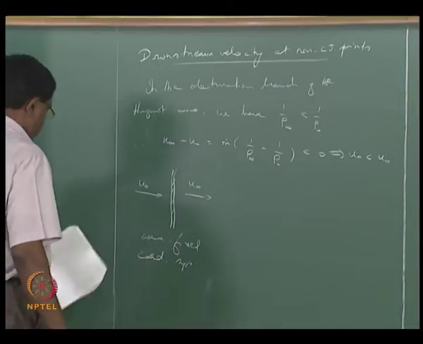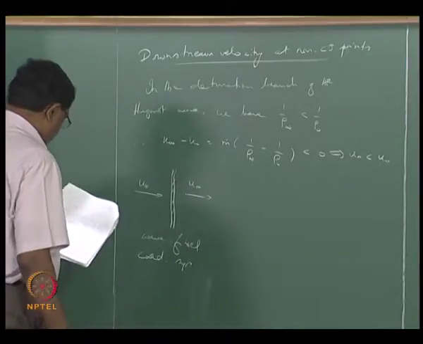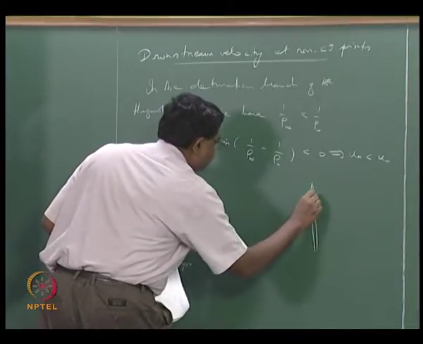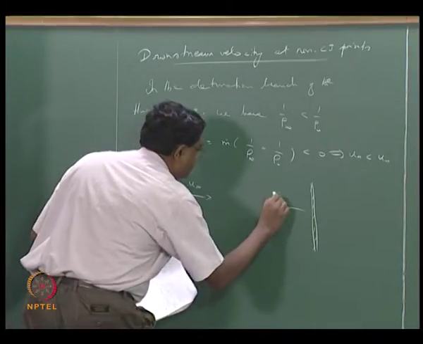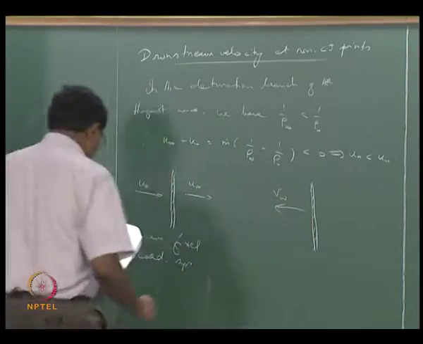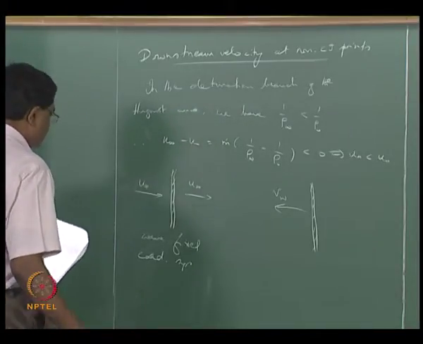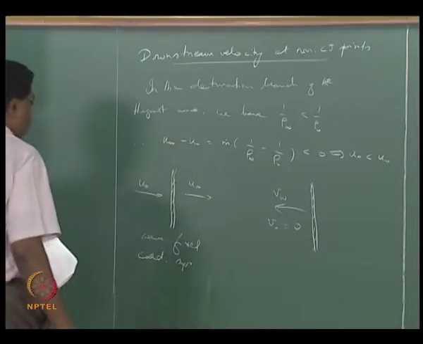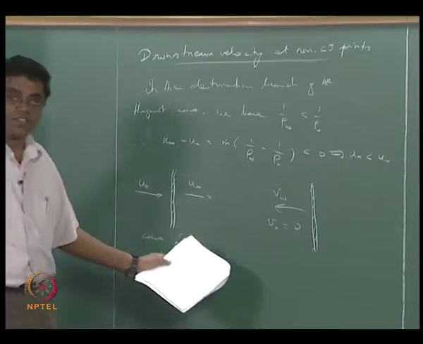But if you now have something like a lab-fixed coordinate system, where we let the wave move with the velocity v wave, and we suppose that your reactant velocity in this coordinate system is designated as v naught, and let's say it's set to 0.